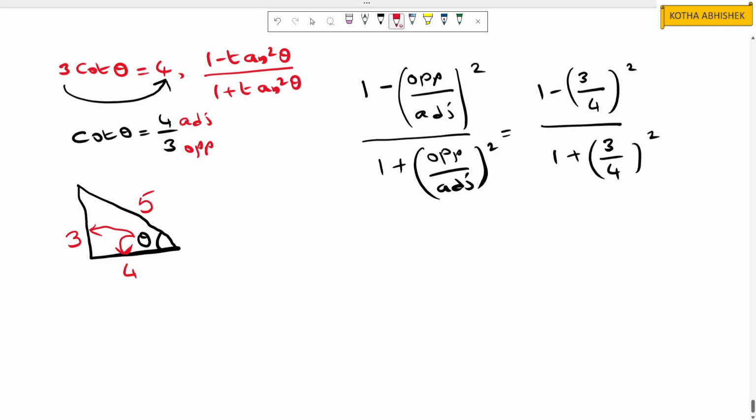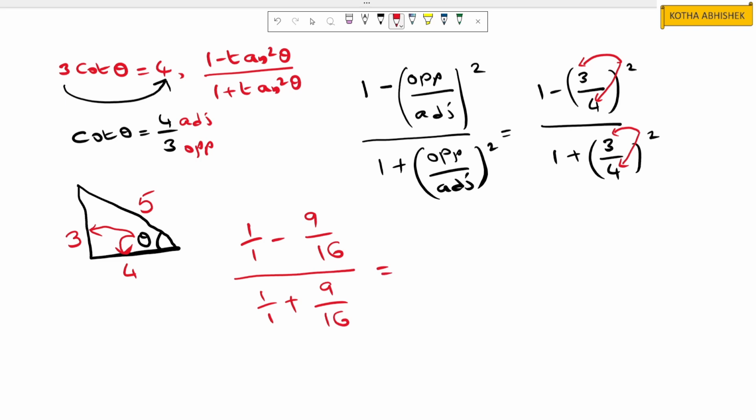Now here this 1 I am writing as 1 by 1 minus. Here the square is applicable to both numerator as well as to the denominator. So 3 square is 9 divided by 4 square is 16, whole divided by, in the denominator also 1 I am writing as 1 by 1 plus, here also this power is applicable to both numerator as well as to the denominator. So 3 square is 9 divided by 4 square is 16, which is equal to, here both the denominators are different, right?